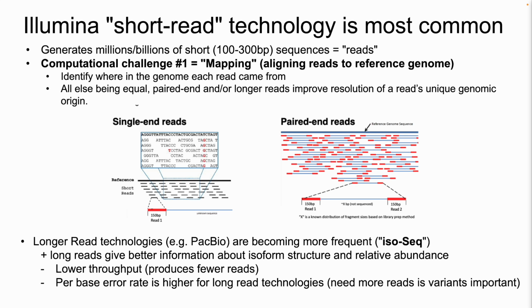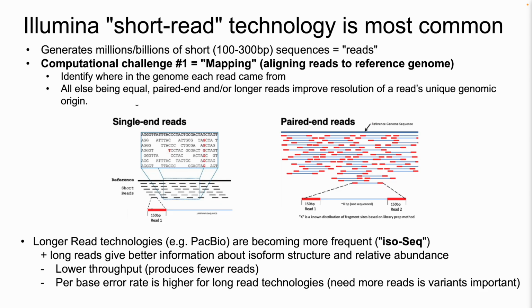When you do RNA-seq on a PacBio, it's typically called Iso-Seq because it's giving you all the information about the whole isoform, because you're reading basically the whole transcript in one go, rather than Illumina, which is chopping it up into 150 to 300 base pair pieces and then making you reassemble it.